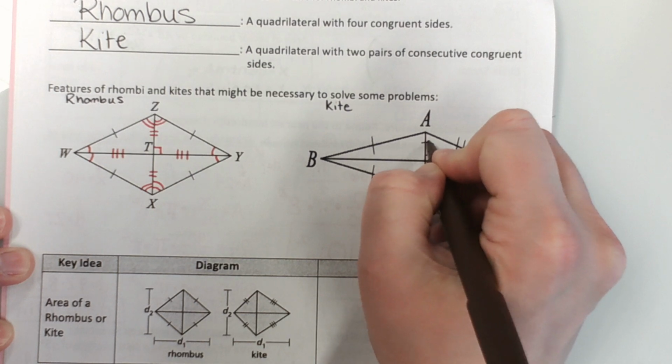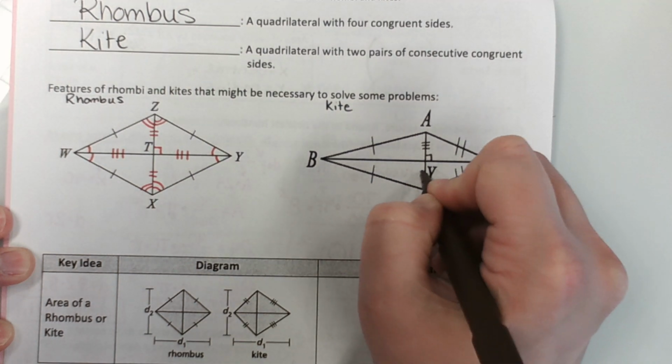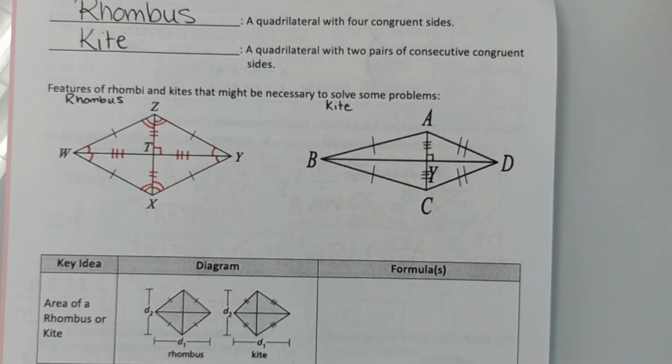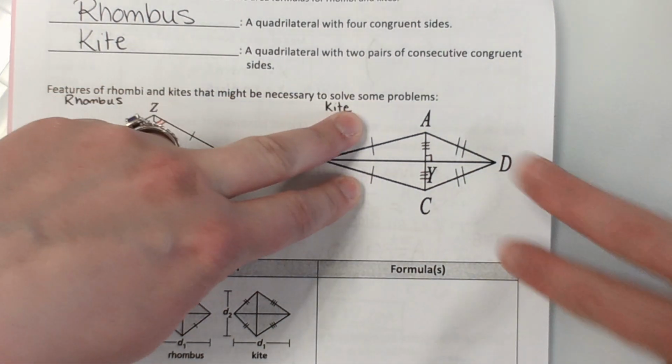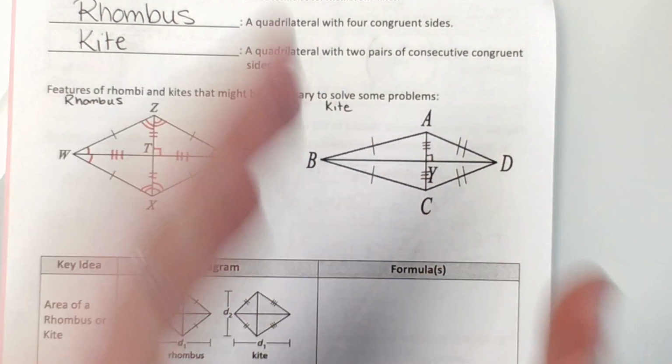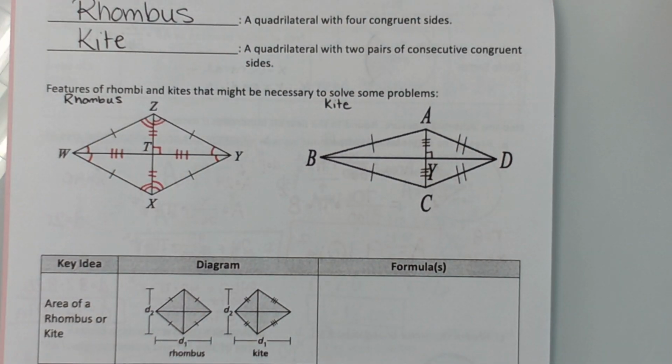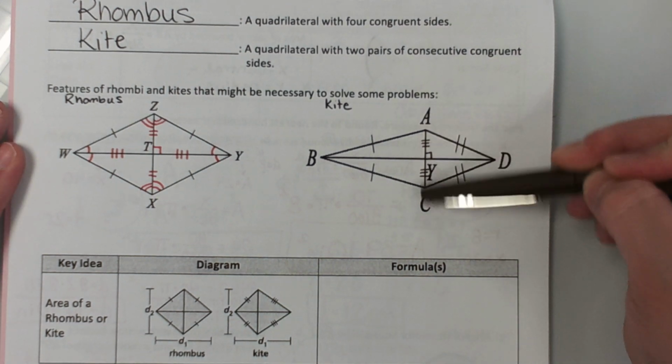They only have one diagonal that gets cut into 2 congruent parts, though. And it's the diagonal that separates the pairs of congruent sides. Those are congruent, those are congruent. The diagonal that breaks that kite up like that is the one that gets marked as congruent.